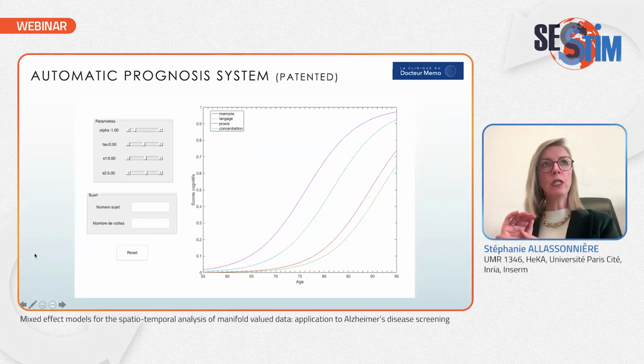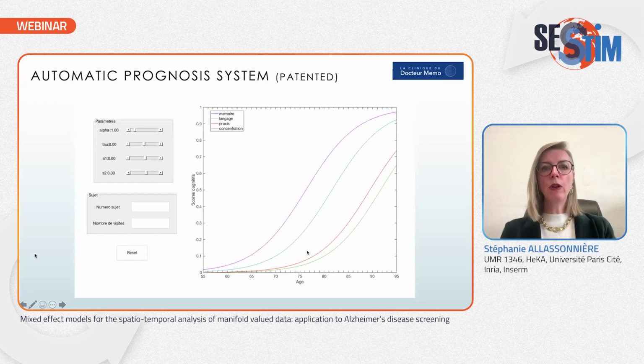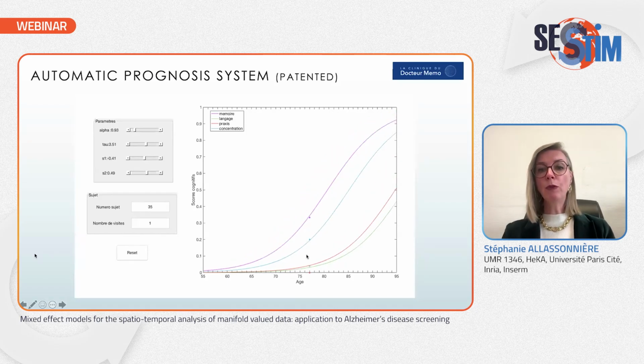If you have a patient coming, here are the average trajectories of the memory, language, praxis, and concentration scores. This new person, remember Anna, comes into the neurologist's office. Then, thanks to the data that are collected with respect to Anna today, we are able to fit the model and predict an Alzheimer's disease diagnosis in 4 years.